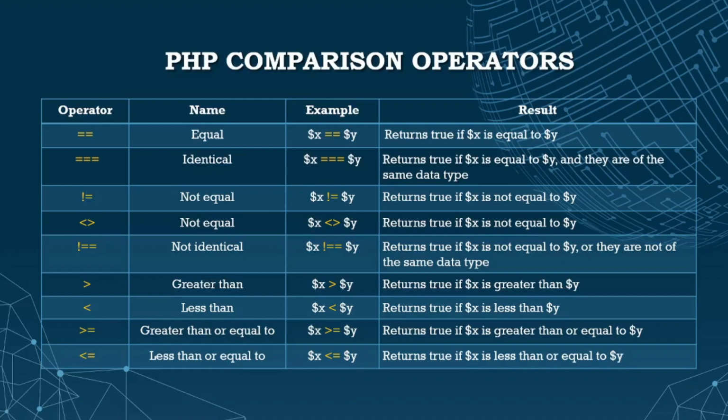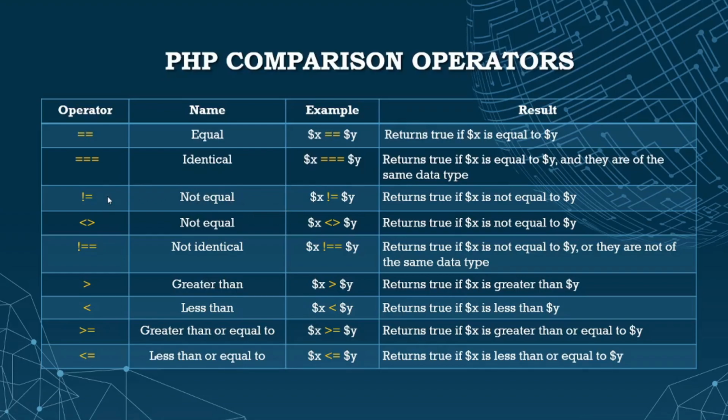Kasi possible na yung x is a string of 1 while the y is an integer of 1. So if that's the case, magiging false yung statement natin. Okay? So the data type is also kino-consider if we are going to use yung tatlong equal, which is the identical operator.